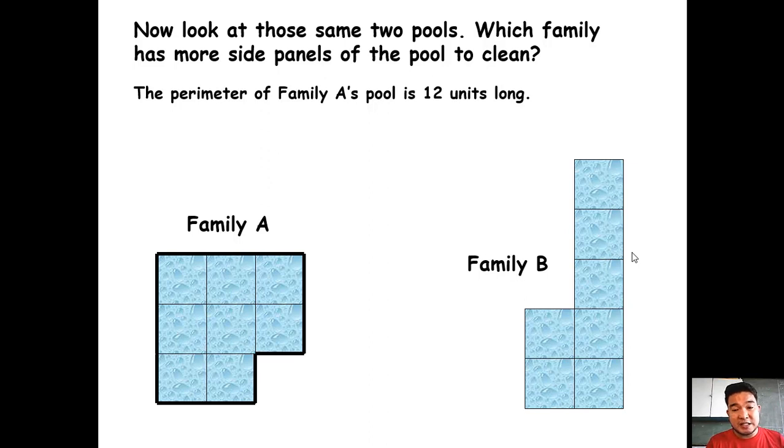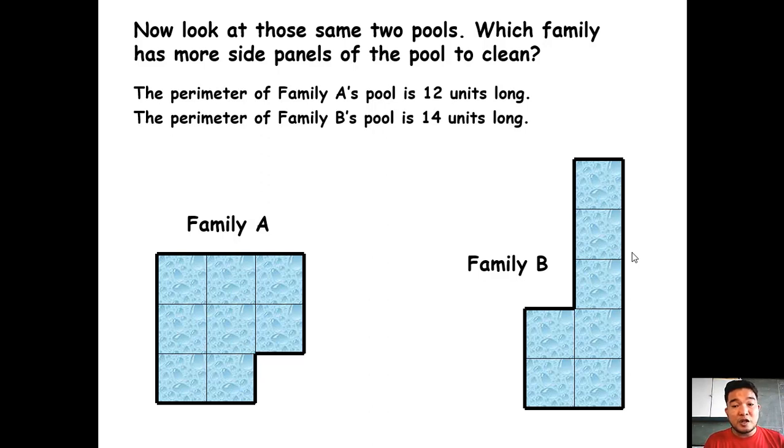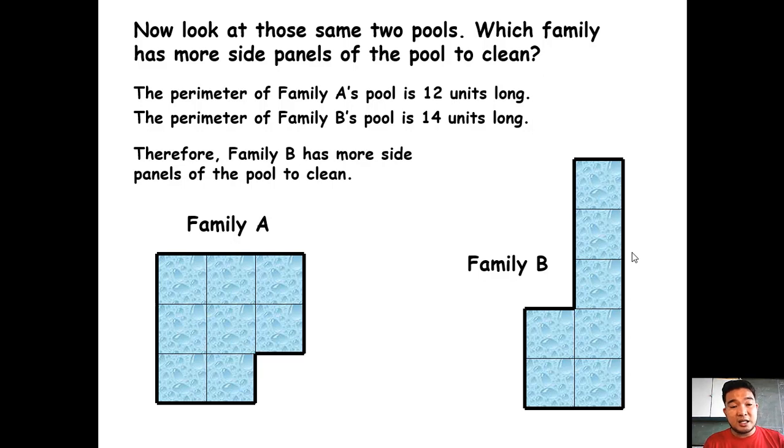Yun yung lilinisin nila. For family B, we have 1, 2, 3, 4, 5, 6, 7, 8, 9, 10, 11, 12, 13, 14. So, kay family B, 14 units long ang kanilang lilinisin. So, therefore, family B has more side panels of the pool to clean.